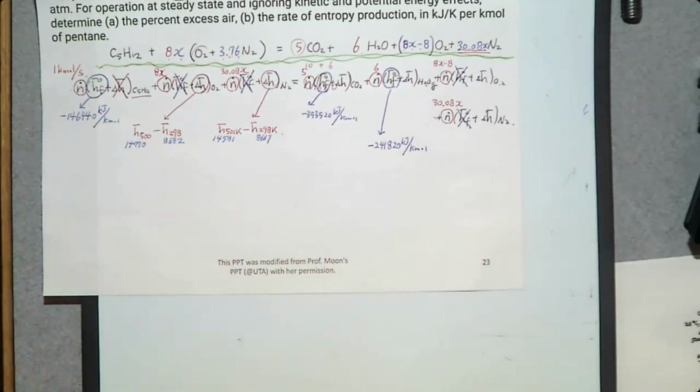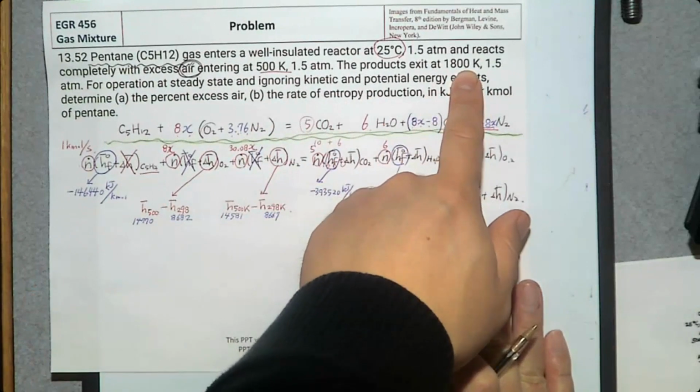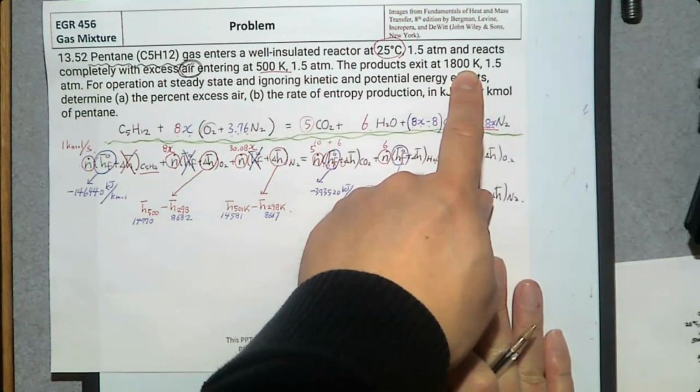Now, delta H for carbon dioxide, delta H for water, oxygen, nitrogen. What is the temperature of the product? 1800 Kelvin. That is different from the standard temperature, 298.